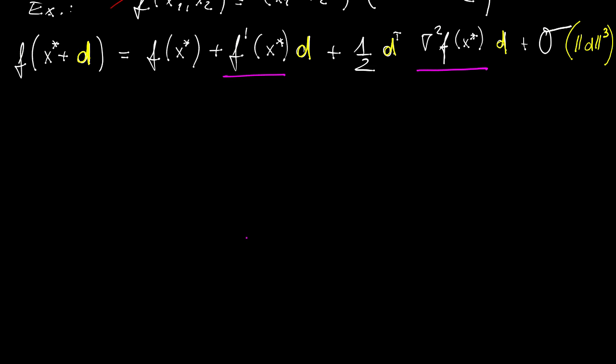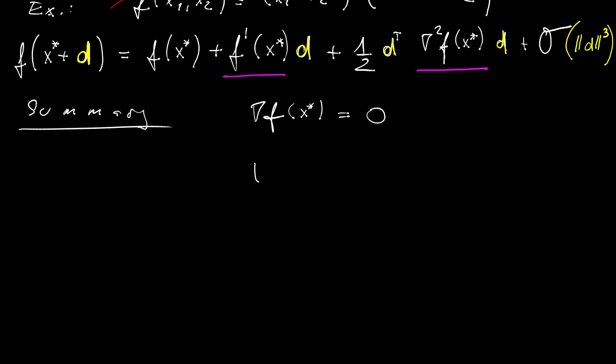Perhaps we can now summarize what we derived. So, the gradient of f needs to be equal to 0 at a critical point, and if the Hessian of f is strictly positive, or positive definite, as we say for matrices, we have a local minimum.